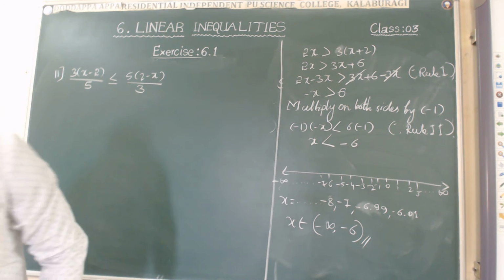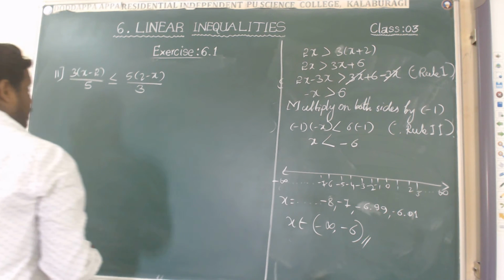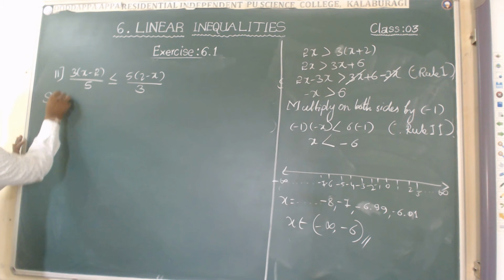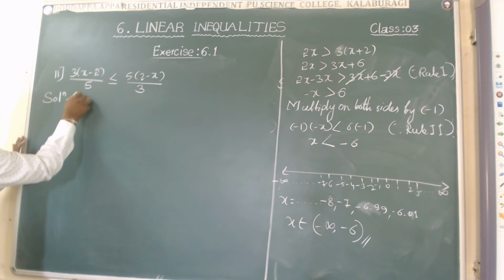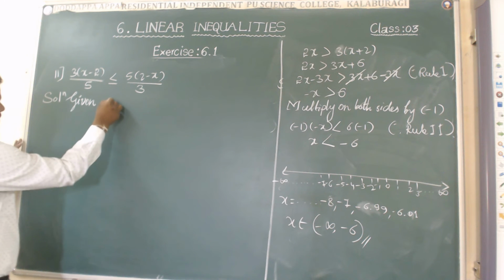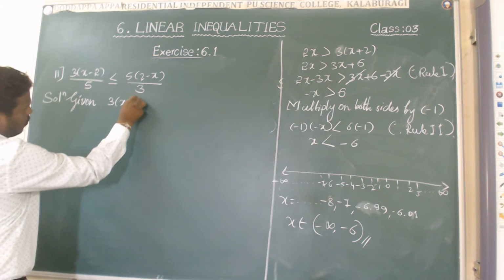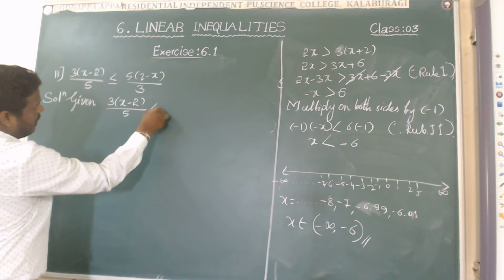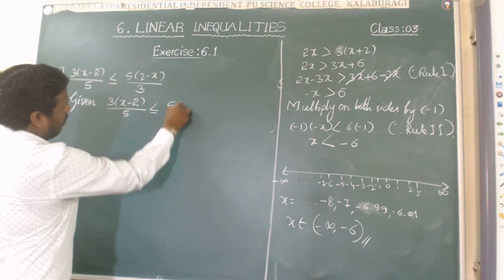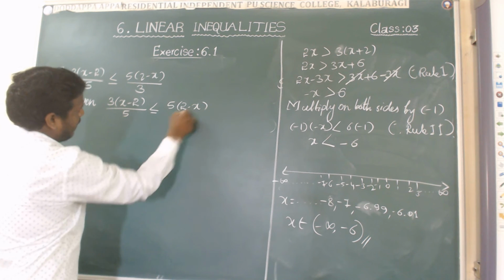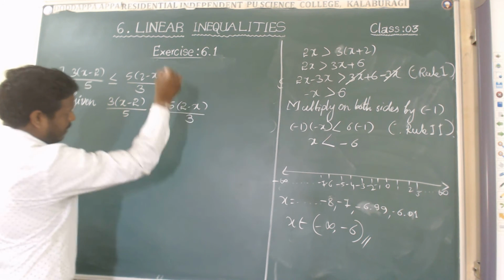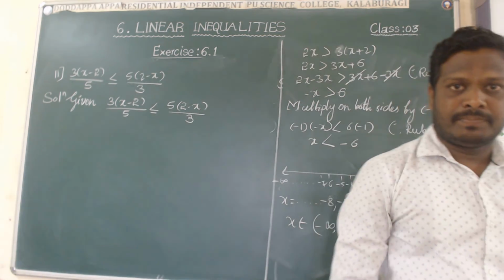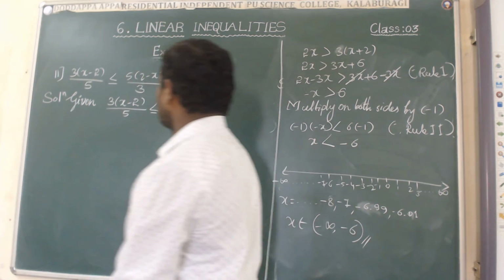Okay, come to the solution of this one. I am going to write the solution. The given one I will write as 3 of x minus 2 divided by 5, less than or equal to 5 of 2 minus x divided by 3. This is the given inequality.